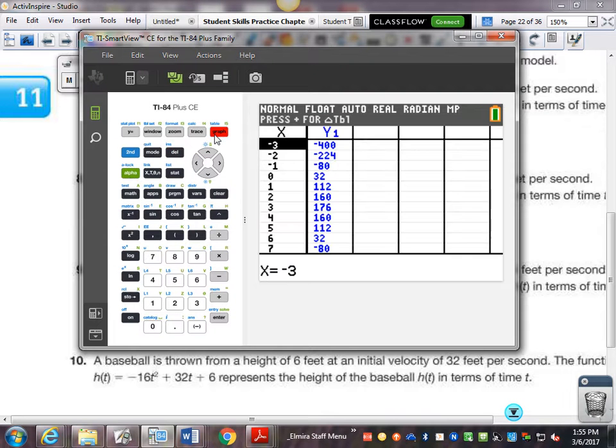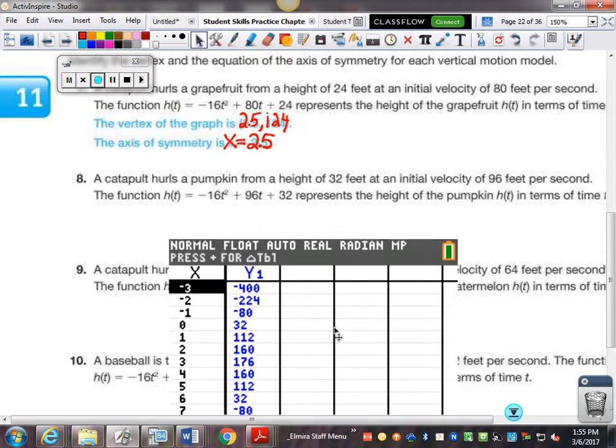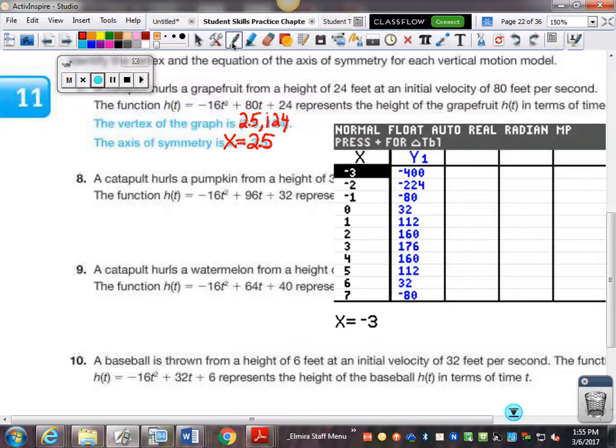I always look in the table first, because in the table I can see the vertex in this one. It is the highest point, and I know that it's the vertex because all the other values are symmetric.